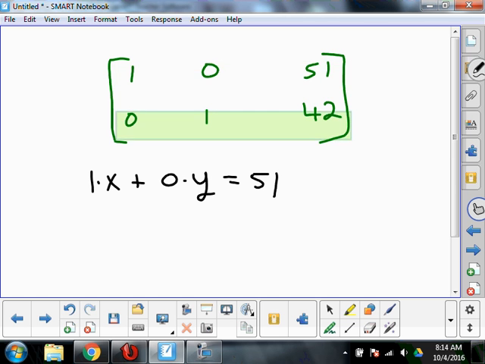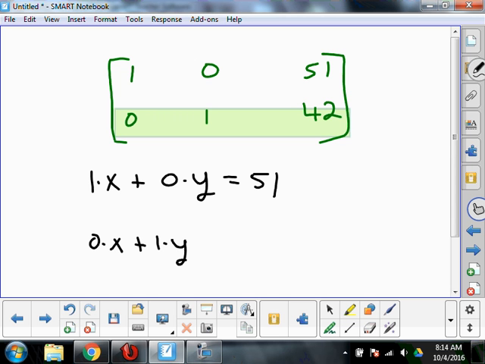And that second row would tell us that 0 times x plus 1 times y is equal to 42. If we simplified each of those equations, the top equation would simplify into x equals 51, and the bottom equation would simplify into y equals 42.